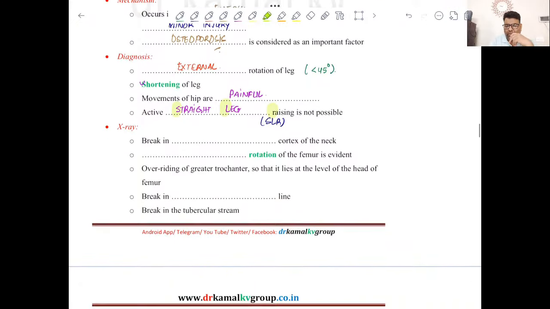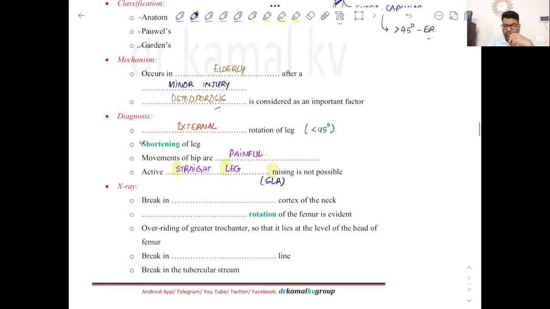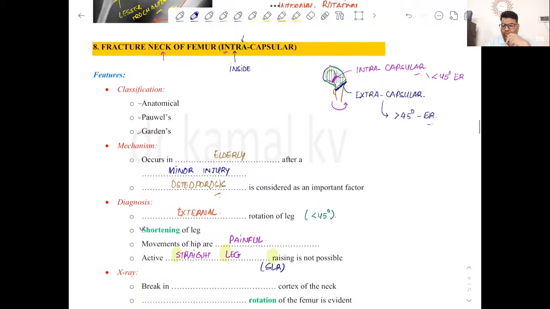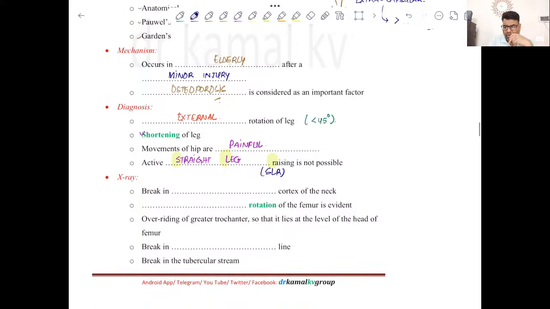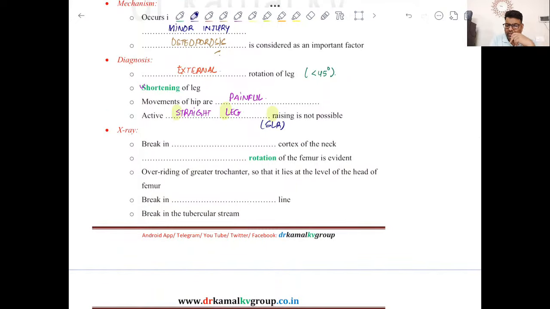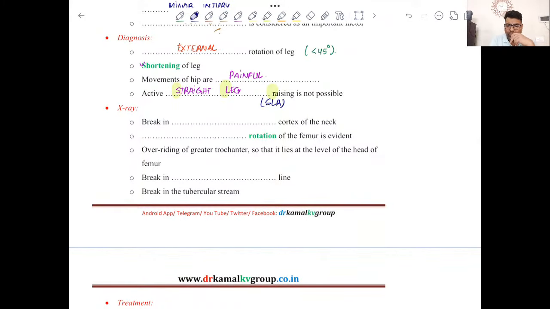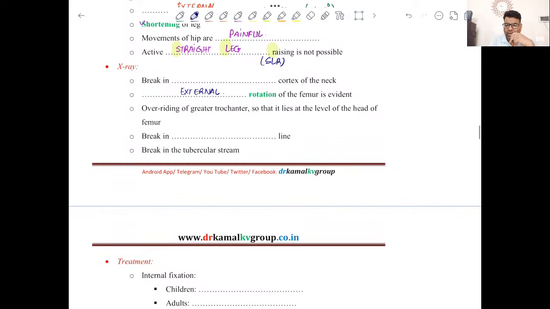Now again, when we see the X-ray, we will easily see the fracture extending across the neck of the femur. There is a break in the cortex of the neck, and more evident is the external rotation deformity of the femur, right?